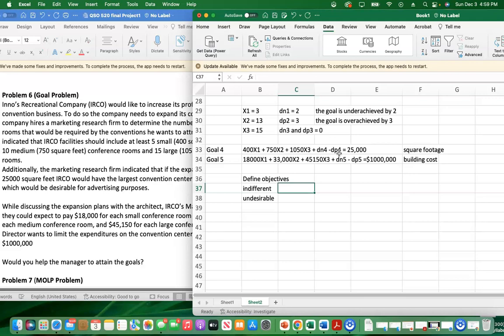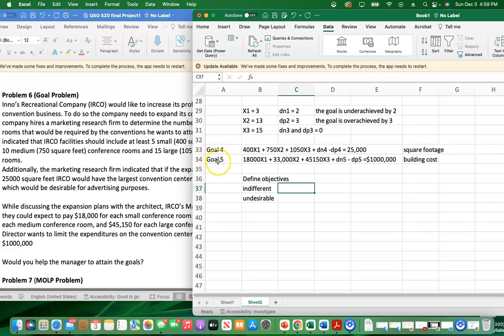So for the 4th goal, the decision maker will consider it undesirable to overachieve. And if the company gets less than 25,000, then we can also say it is undesirable to underachieve. So for goal number 4, both underachieving and overachieving are undesirable.